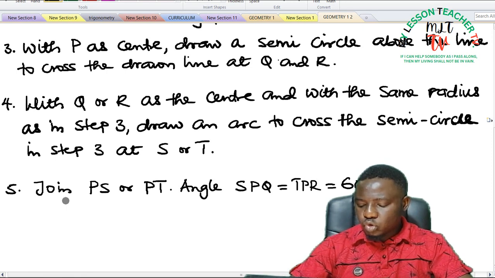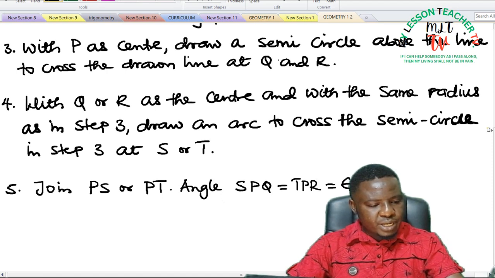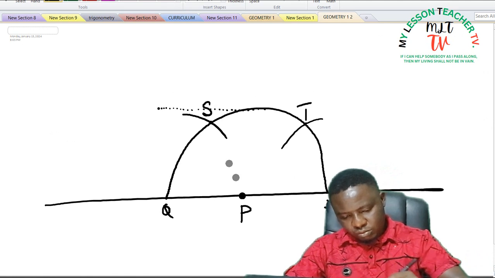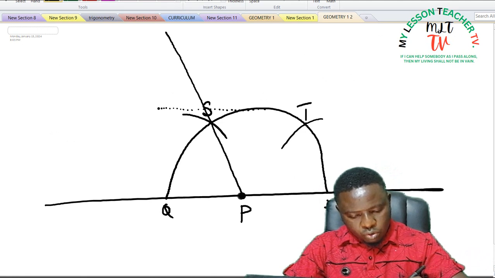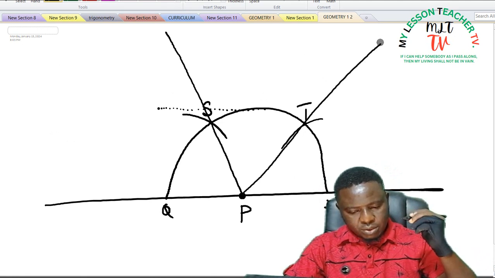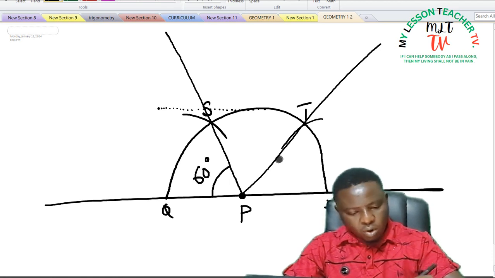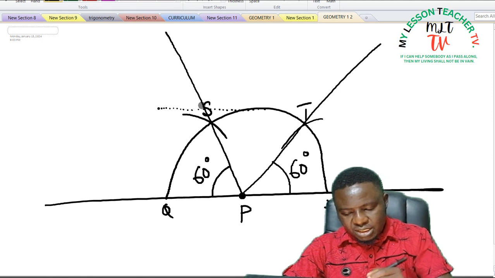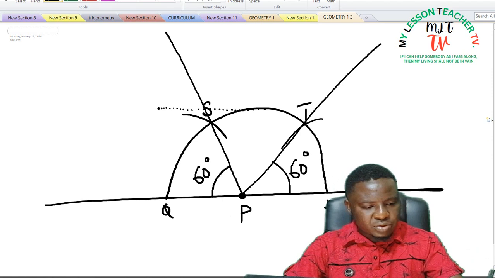So we are asked to join PS or PT. When you join P and S, or PT, and draw this as a freehand sketch, it gives you something like this, or you get something like this. So this angle now is said to be 60 degrees. We have it that angle QPS is 60 degrees, or angle RPT is 60 degrees.